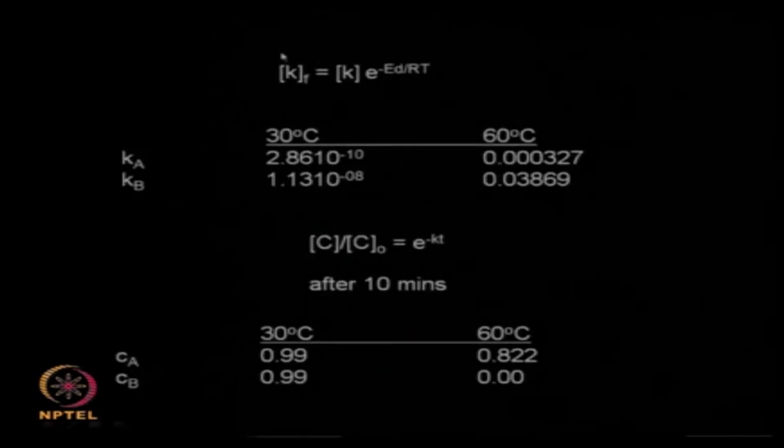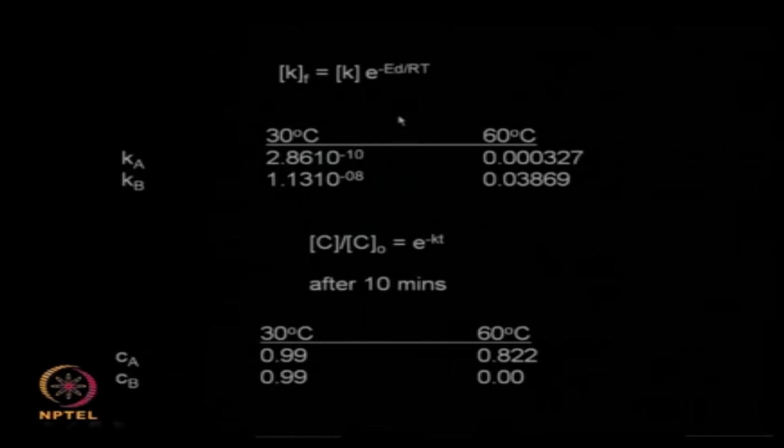As you know, this is the deactivation kinetics. If you take lipase 1, the rate constant is Ka, and for lipase 2 the rate constant is Kb. At 30 degrees centigrade, I put 30 converted to Kelvin, and when it is 60 degrees I put 60 converted to Kelvin.